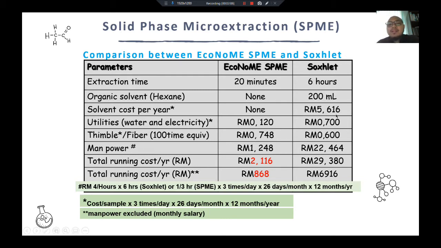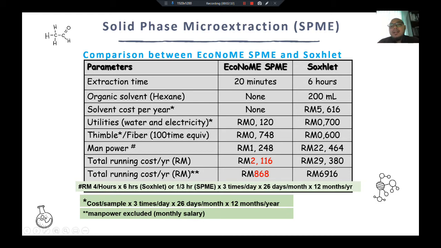Tapi kalau kata chocolate, bayangkan it costs us 1,000 lah per year. Okay, so utilities for SPME, apa je yang you letak dekat atas, paling habis pun you letak stirrer plate, so you can stir the solution, that's all. Okay, I don't think it goes to 120 lah.